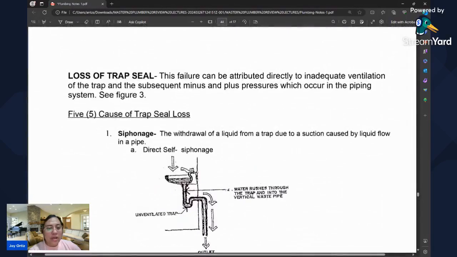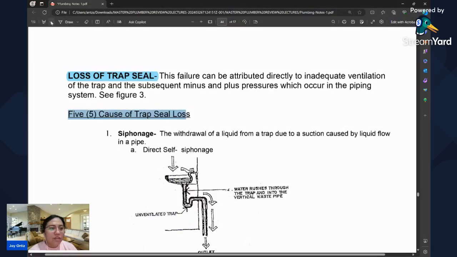Now, loss of trap seal. If there's a loss of trap seal, this failure can be attributed directly to inadequate ventilation of the trap and the subsequent minus and plus pressures which occur in the piping system. So there are five causes of trap seal loss.